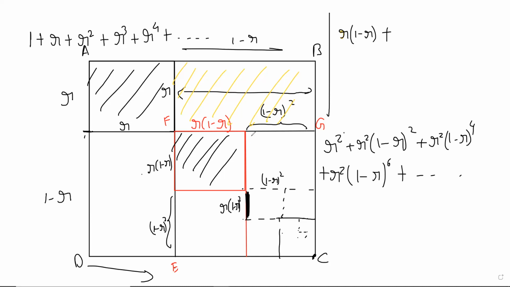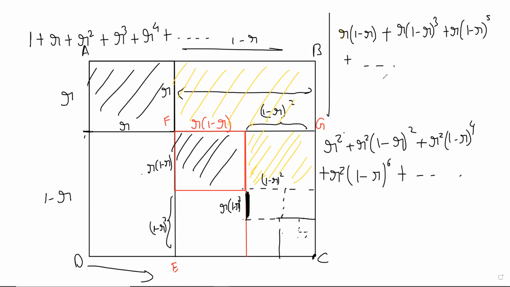What will be this rectangle? It is r times 1 minus r square. Yes, that's right, that's r times 1 minus r cube. I think this is what you'll get. Then you just continue this, and if you have to write it, you write it, but it's true.